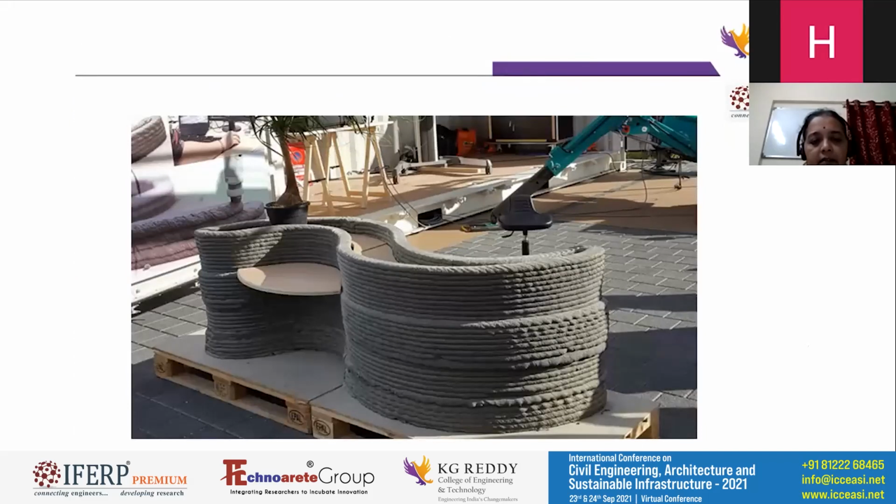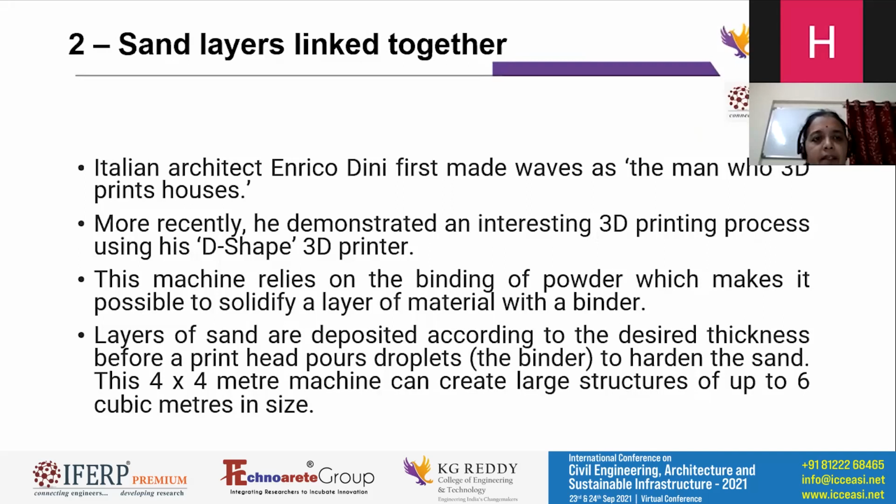This is another figure showing that by using the robotic arm, we can print or construct any shape. The second one is sand layers linked together. The Italian architect Dini first made waves as the man who printed a house with a 3D printer.